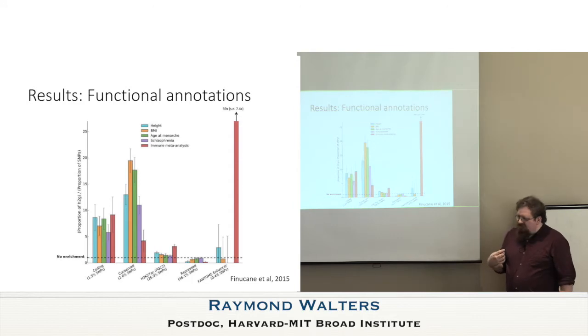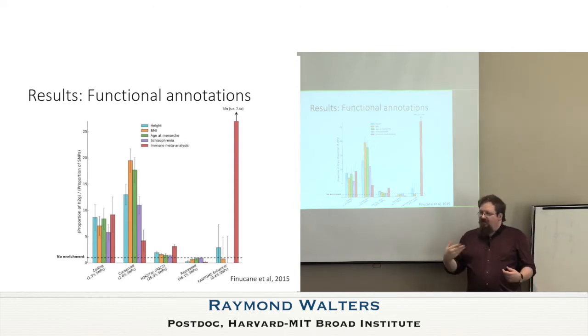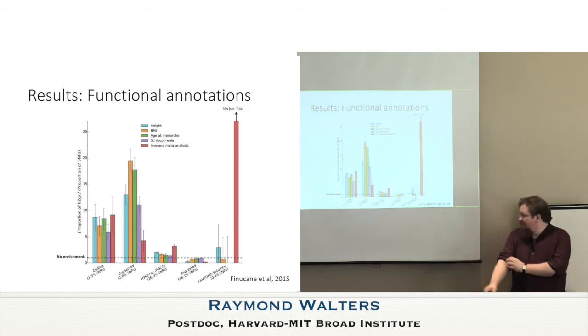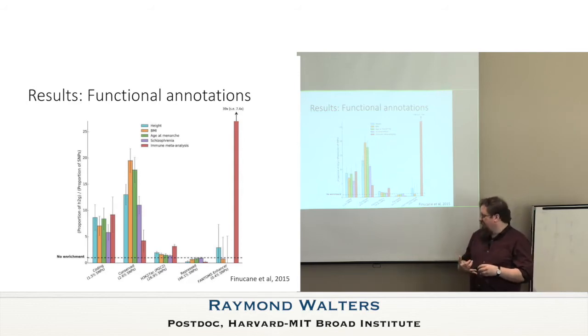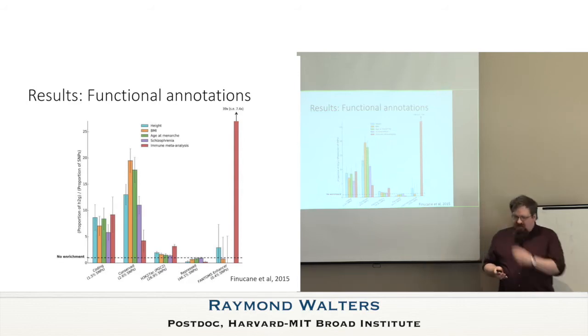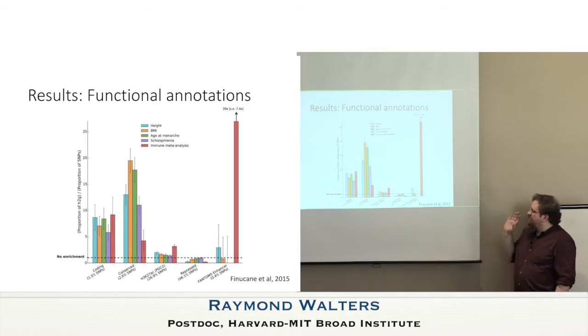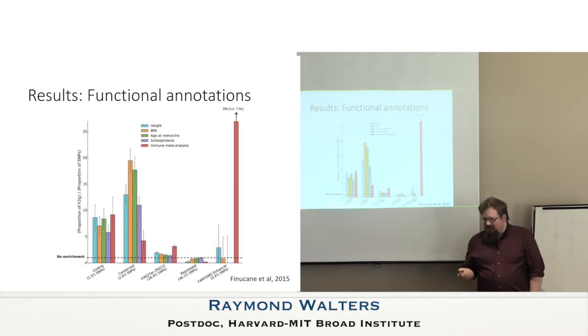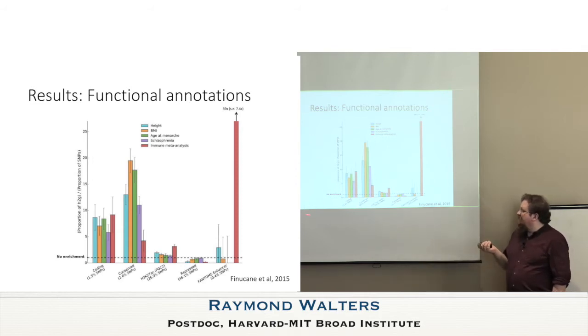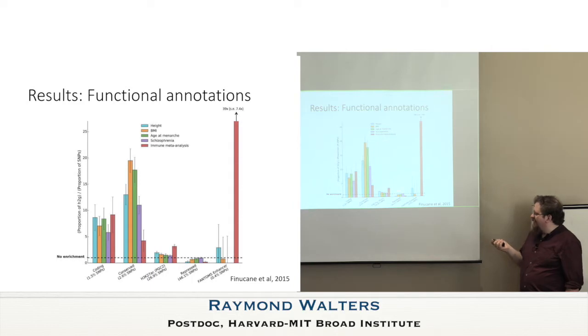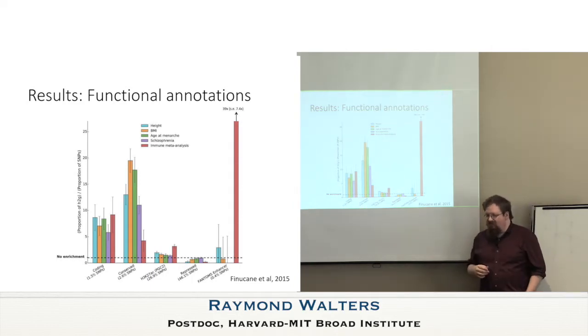Starting with the functional annotations, this is in the first paper from Hilary with this method, looking at things around coding and conservation and some enhancer marks. These are results for some of the well-powered GWASs that existed at the time, and by and large they saw significant enrichments in coding regions, even stronger enrichments in conserved regions, and deflation in regions annotated as repressed, based on lack of transcriptional activity.